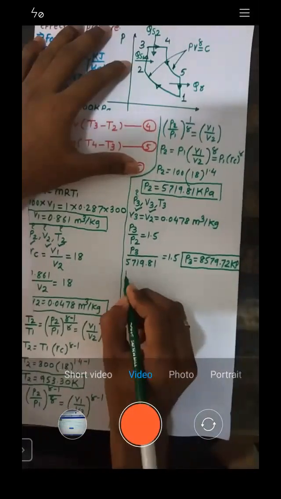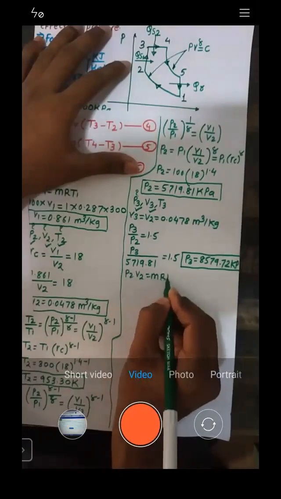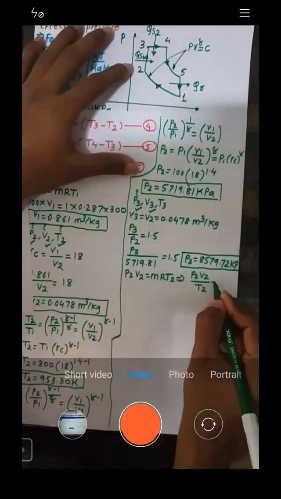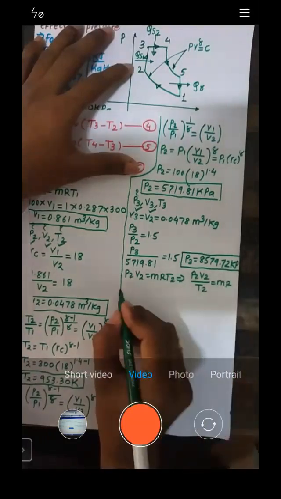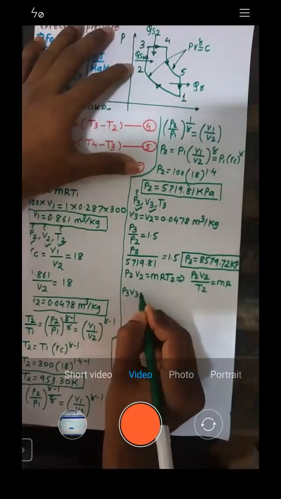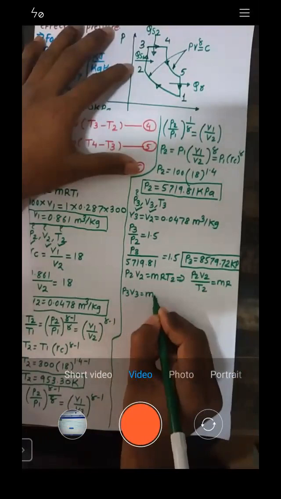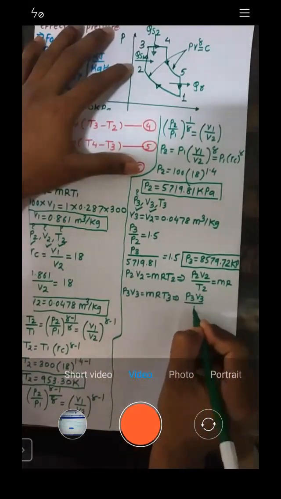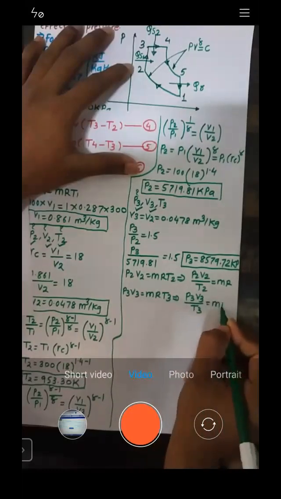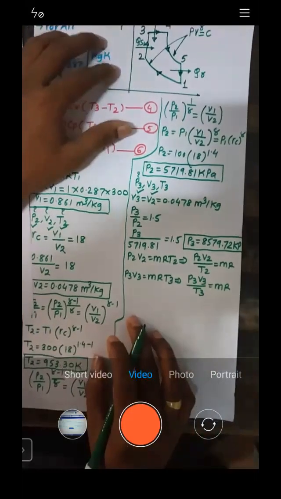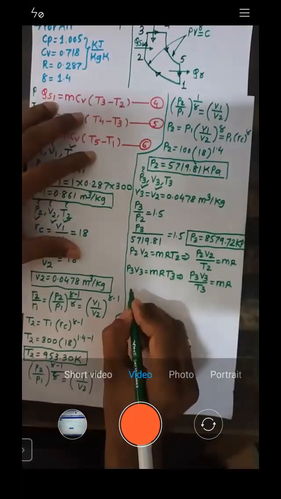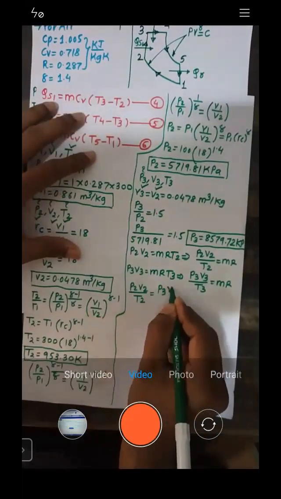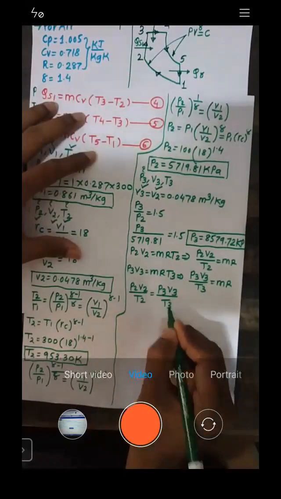See, P2 V2 is MRT2. So from this you can write P2 V2 by T2 is equal to MR. Similarly, P3 V3 is equal to MRT3, so P3 V3 by T3 is equal to MR. So you can equate P2 V2 by T2 is equal to P3 V3 by T3.